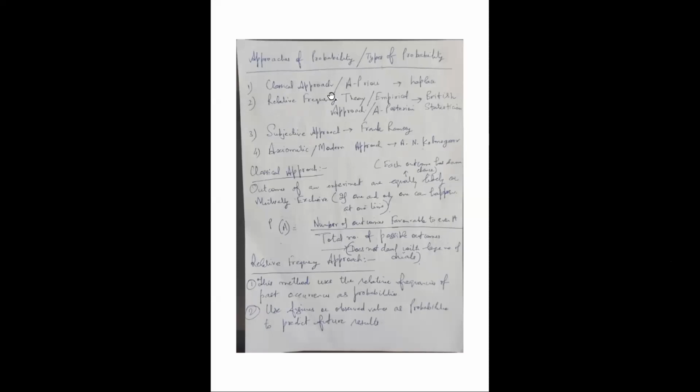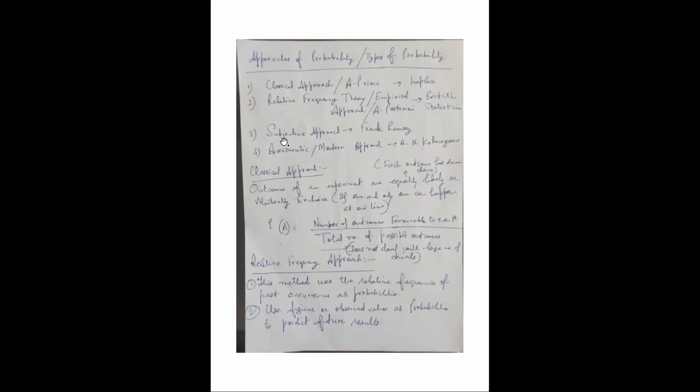One is the classical approach, which is also called the a priori approach, and it was defined by Laplace. The second approach is the relative frequency theory, which is an empirical theory, and this was given by a British statistician. I don't have the name here, and this approach is called the a posteriori approach.